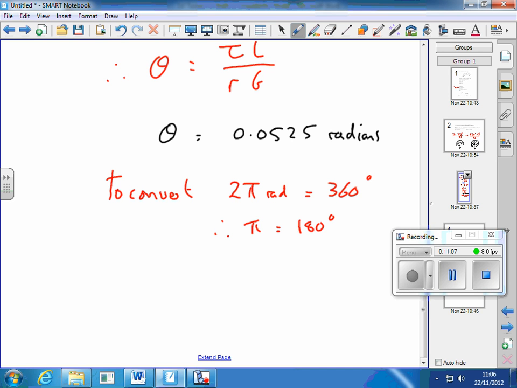And if pi radians is 180 degrees, so therefore 1 radian equals 180 divided by pi. So 0.0525 radians will be 0.0525 times 180 over pi.